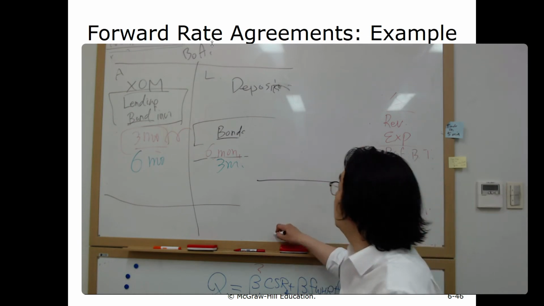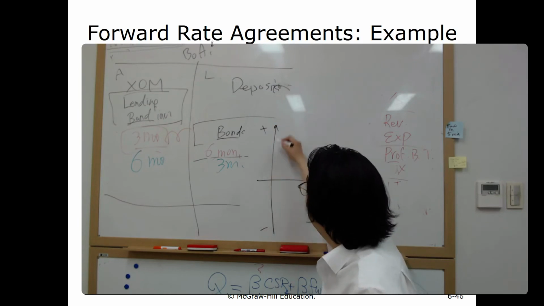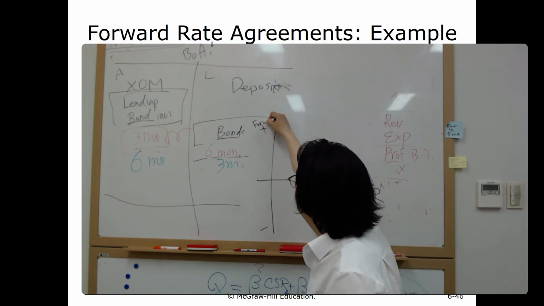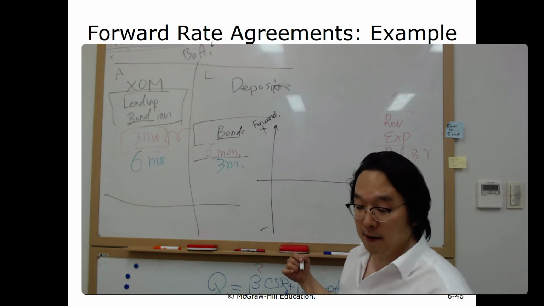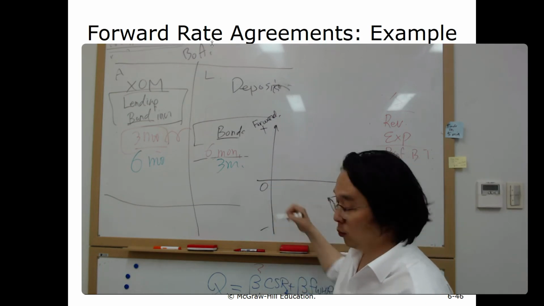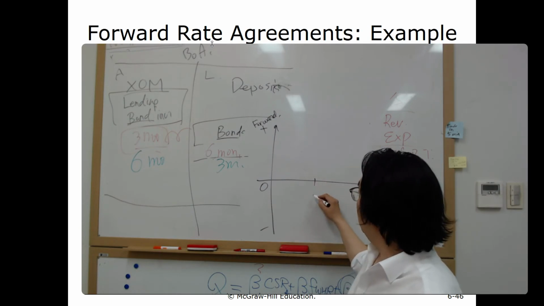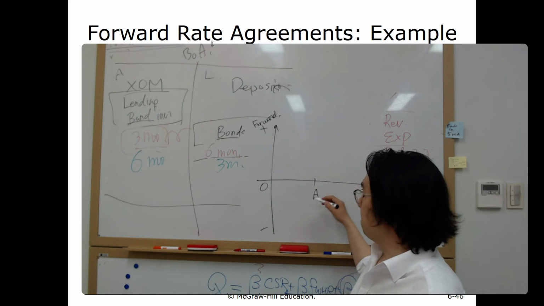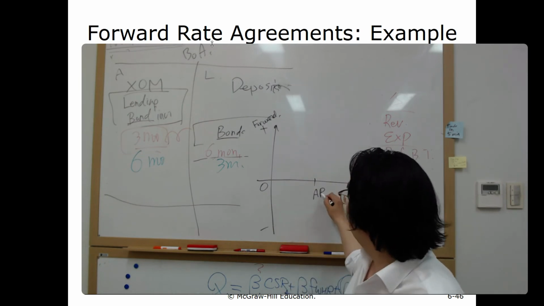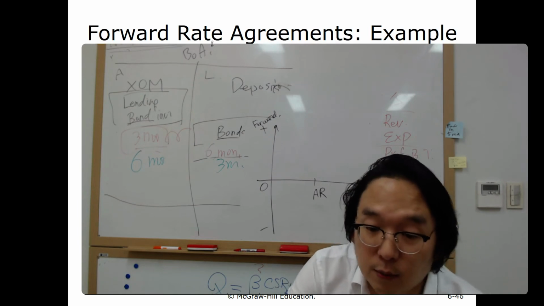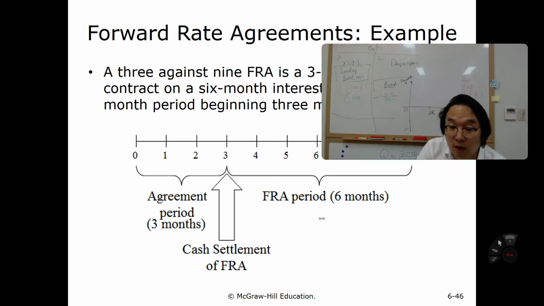And then the vertical axis is the profit and loss of the forward contract. Of course, it is 0 over here, and here is the AR, the agreement rate.